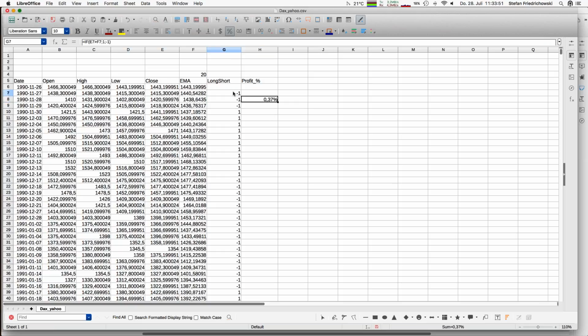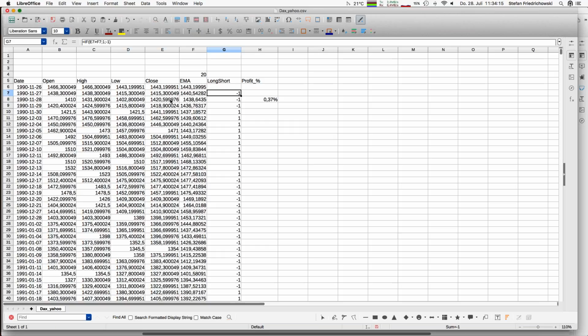But now we look at the previous day. At the previous day, our long-short indicator has indicated that we have to be short. So we know we are short for the day after.